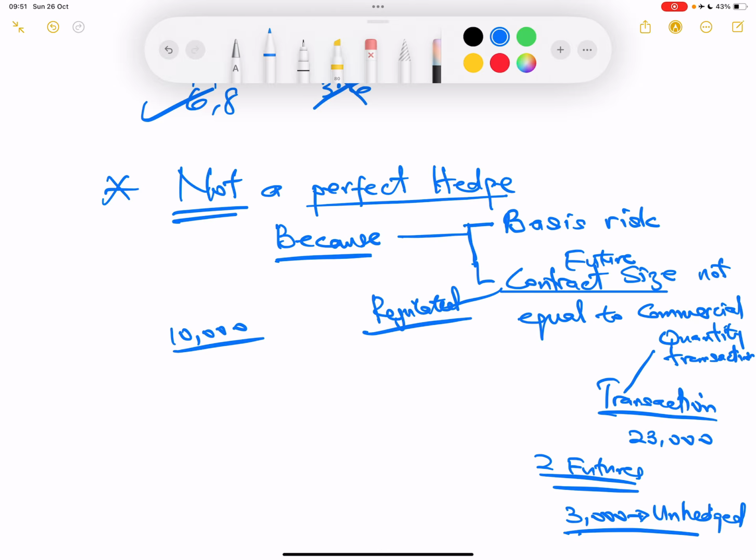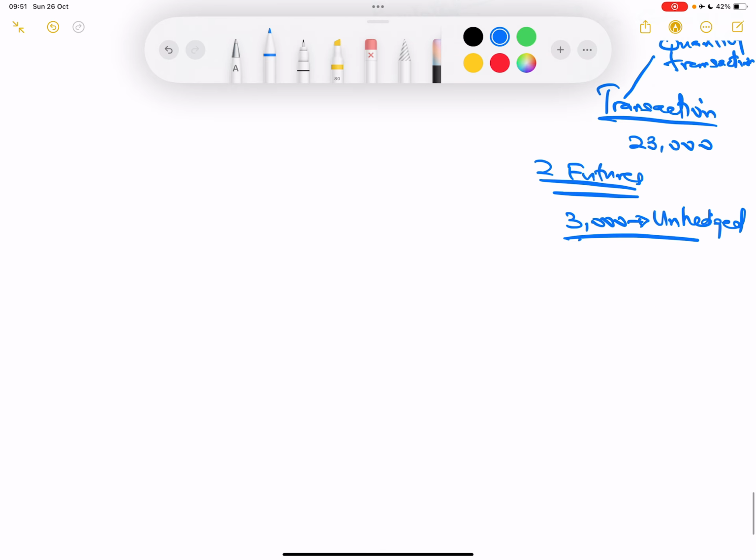Before I go into calculation, I need to also speak about how credit risk is being managed in futures, because it's another benefit you get from using futures. Credit risk is better taken care of. In forward, yes, there's an obligation to settle the transaction.